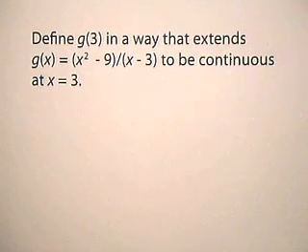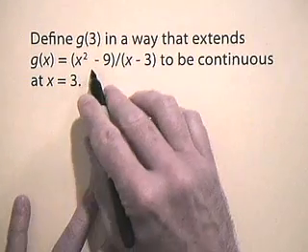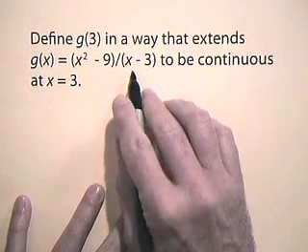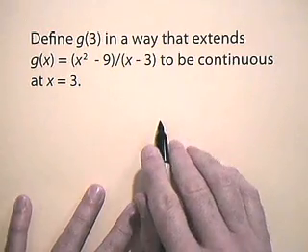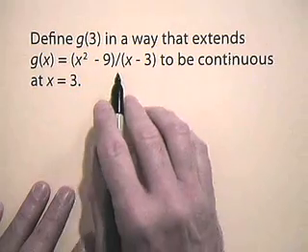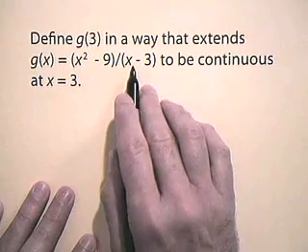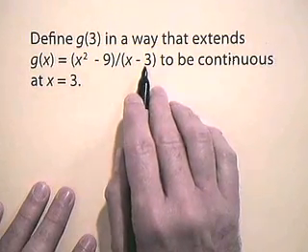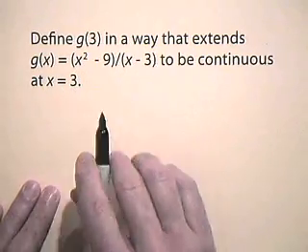Define g of 3 in a way that extends g of x equals x squared minus 9 divided by the quantity x minus 3 to be continuous at x equals 3. Notice, as it stands, x equal 3 is not in the domain of this function.